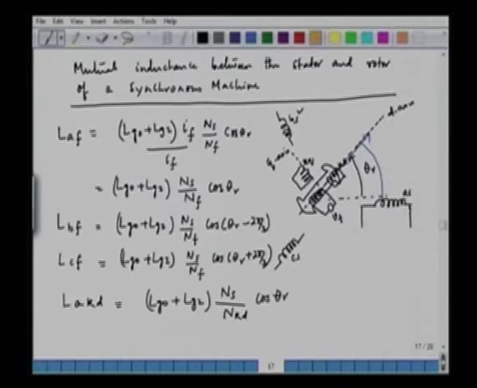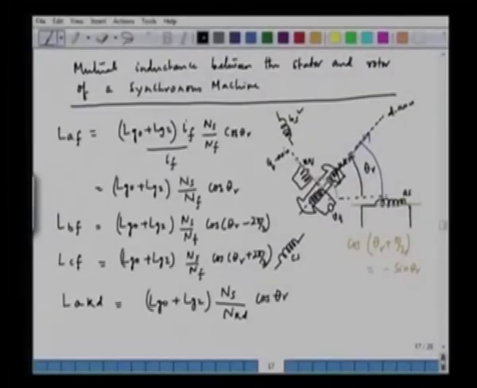This is my phase A and this is KQ, and it is multiplied by a factor of cos theta r plus pi by 2, and cos theta r plus pi by 2 is minus sin theta r. So, the expression will be multiplied by minus sin theta r for phase A, and similarly for phase B and C we can change theta r appropriately to theta r minus 2 pi by 3 and theta r plus 2 pi by 3 respectively.